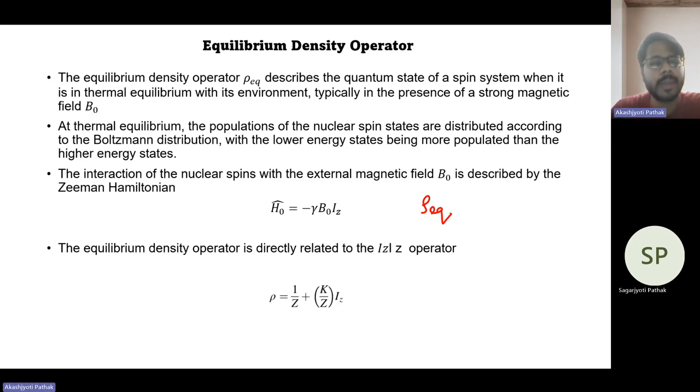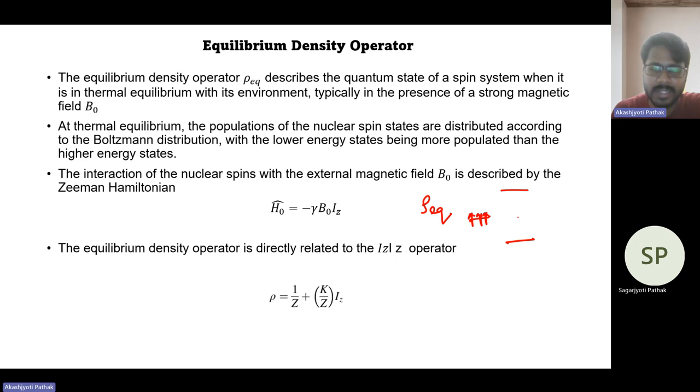Now at thermal equilibrium, the population of nuclear spins is distributed according to the Boltzmann distribution, which we had seen in the very first lecture. In the absence of a magnetic field, all the nuclear spins exist in the same energy level.